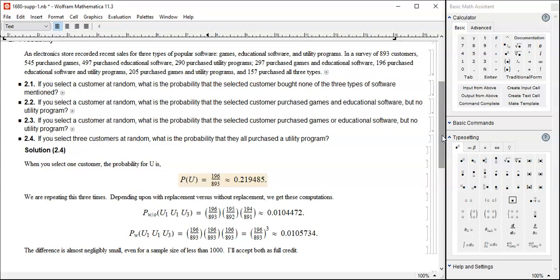Rare, but that's possible. In that case, the first and the second and third are exactly the same. We just multiply them. This one is with replacement.